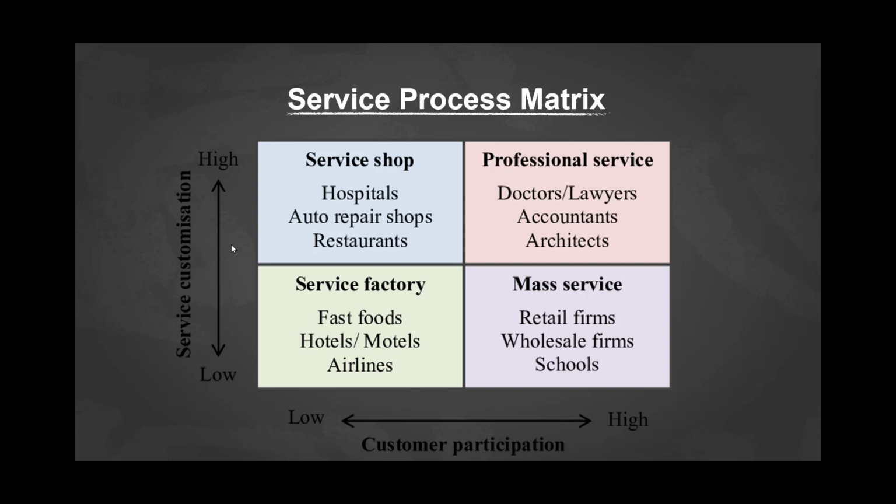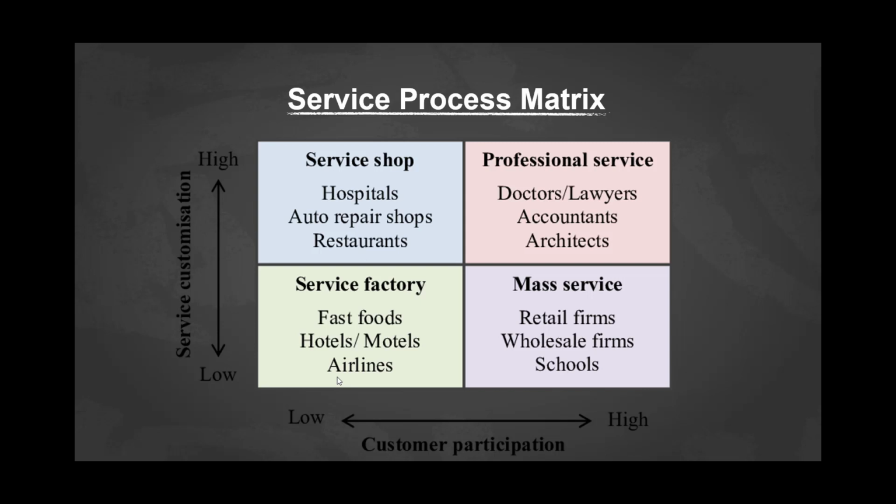customer's particular preferences. The vertical axis on the matrix is a continuum with high degree of labor intensity on one end and lower degree of labor intensity on the other end. The horizontal axis is a continuum with high degree of customer interaction on one end and lower degree of customer interaction on the other end.